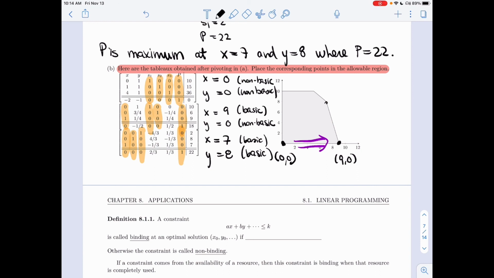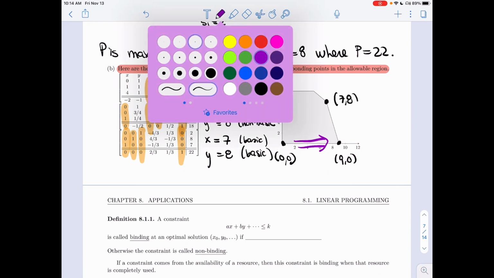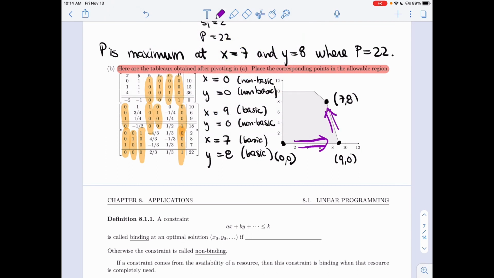And so we're right here at 7, 8. And so really what the simplex method is, every time you pivot, you move to the next corner of your region until you've hit one where if you moved further, you would decrease the value of p, and that means that the optimal solution is there.